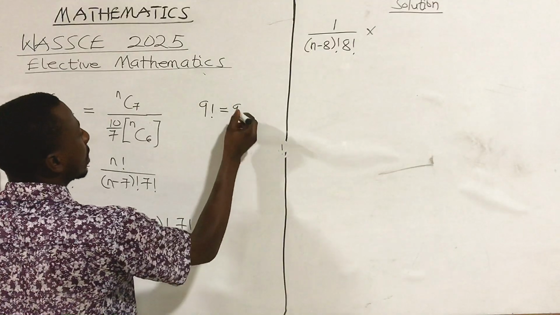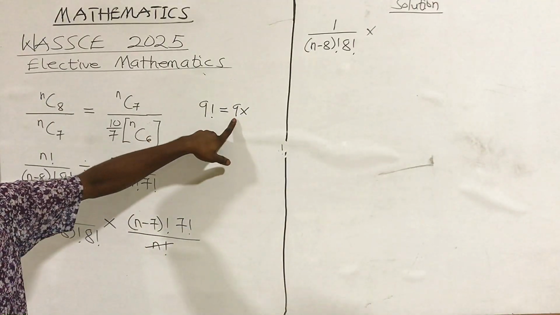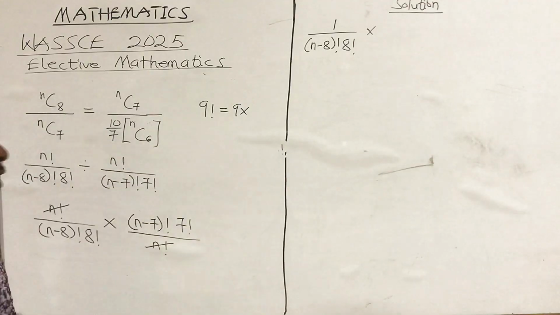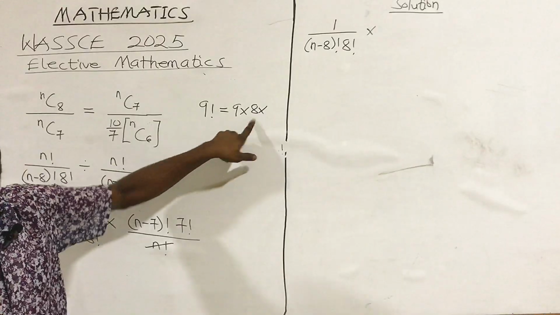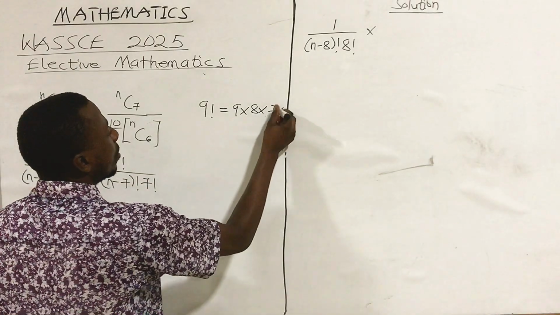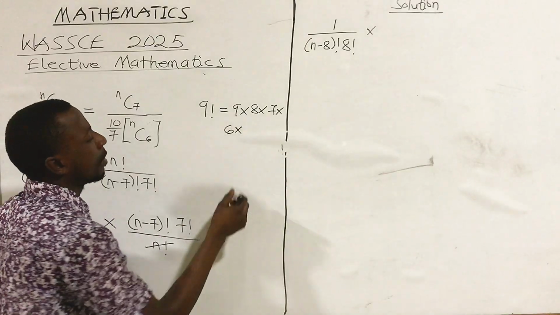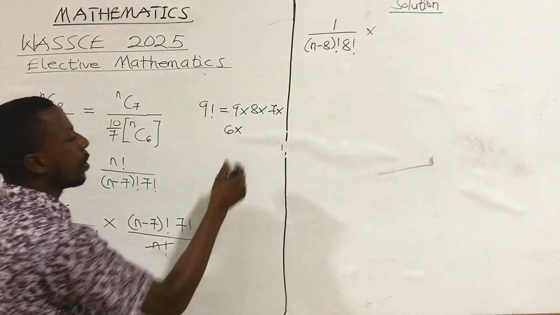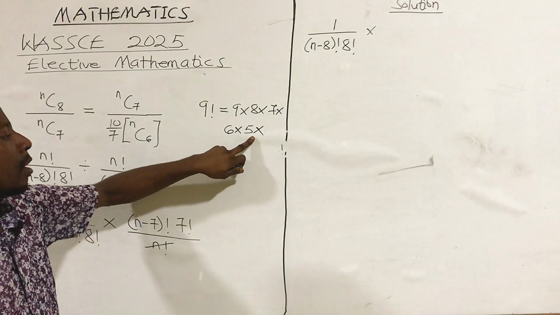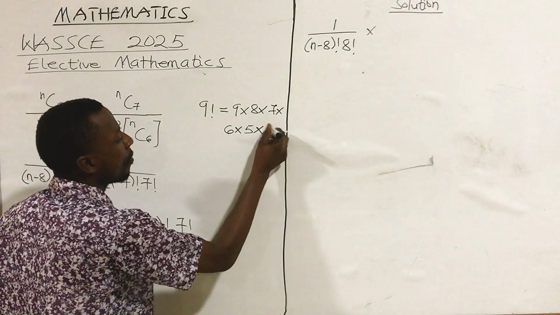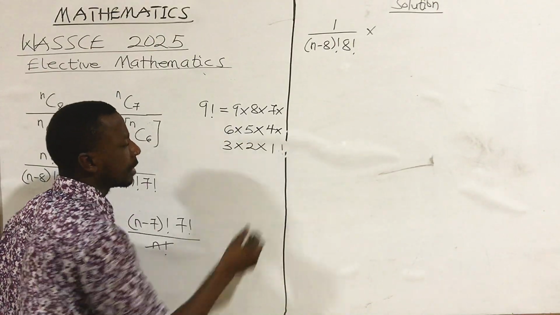So it's 9 multiplying 8, multiplying 7, multiplying 6, multiplying 5, multiplying 4, multiplying 3, multiplying 2, multiplying 1.